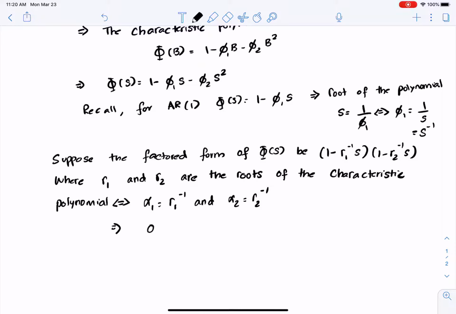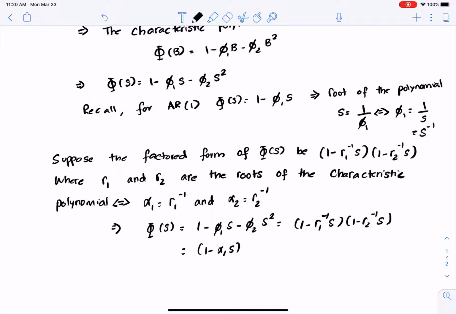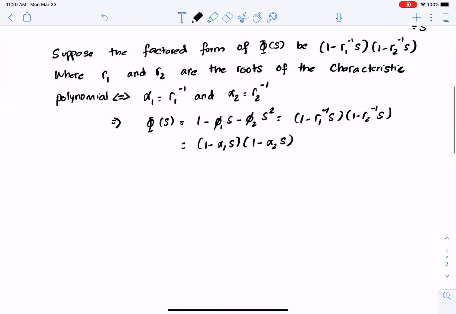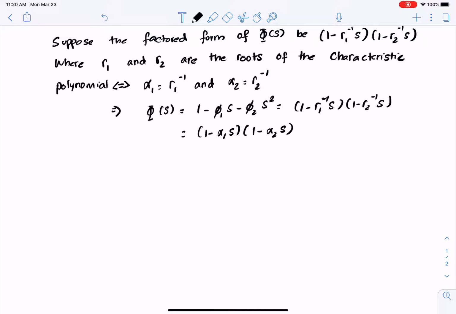This would mean phi of s, which is equal to 1 minus phi 1 s minus phi 2 s squared, can be expressed as 1 minus r1 inverse s times 1 minus r2 inverse s, which would equal 1 minus alpha 1 times s multiplied by 1 minus alpha 2 times s. So that right here is the original polynomial, and that is the factored form.